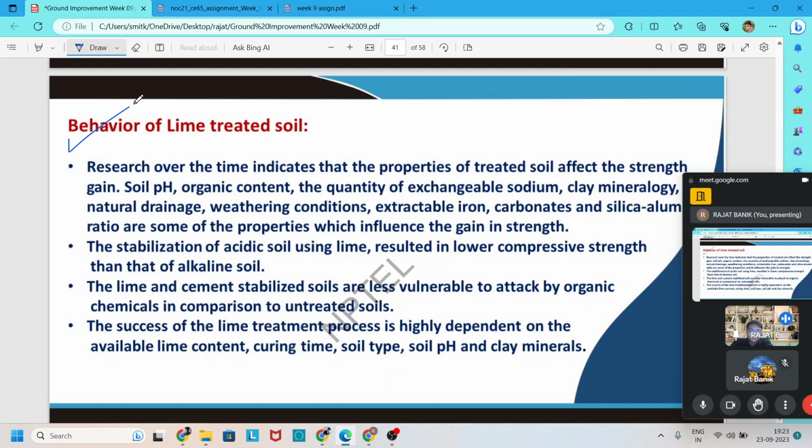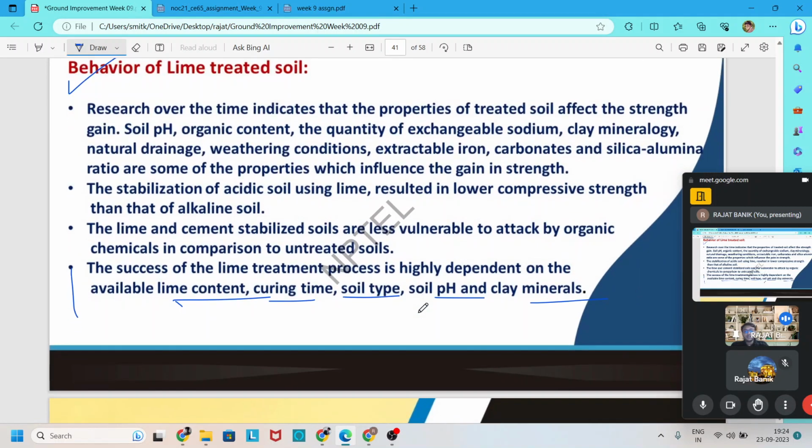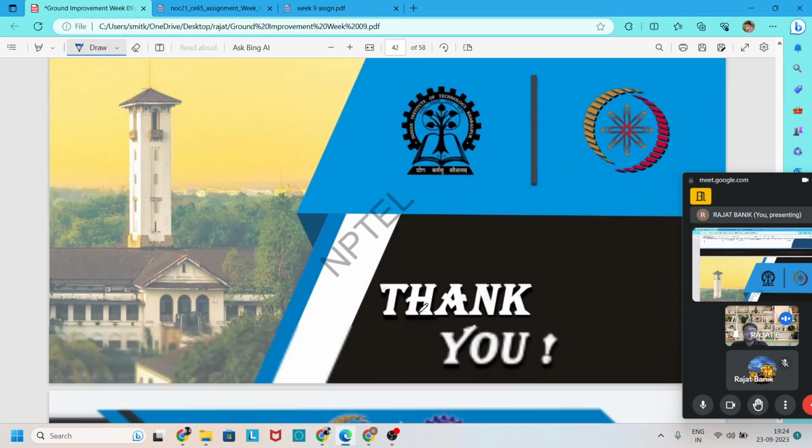The success of the lime treatment process is highly dependent on the available lime content, curing time, soil type, soil pH, and cleaning. These factors we already discussed. These are the factors which govern the lime treatment process during stabilization.